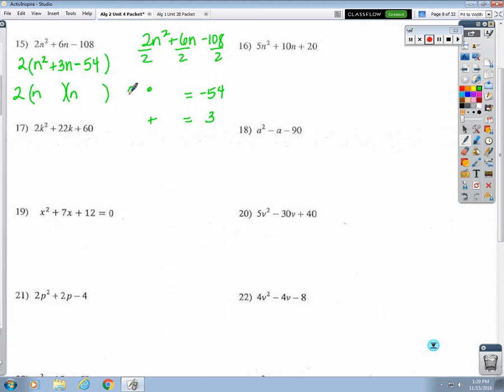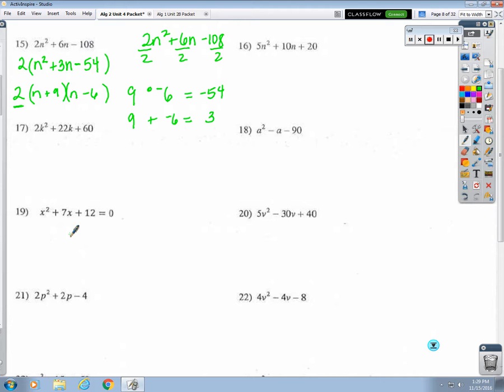Okay, 9 and 6 will multiply to 54, but how are you going to get a 3 out of a 9 and a 6? 9 minus 6. So a 9 and a negative 6 are 3, and a 9 and a negative 6 multiply to negative 54. So positive 9 and negative 6. This has to be part of your final answer. You have to continue bringing it down.